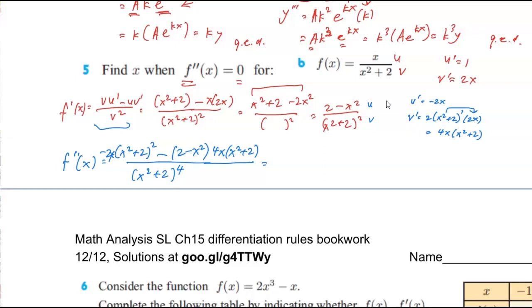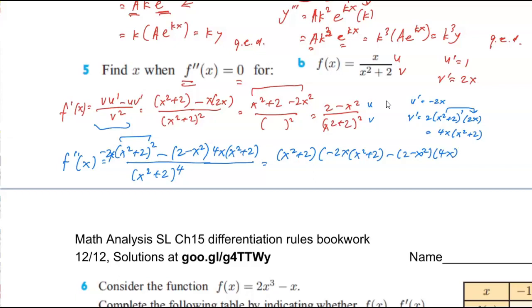I don't know if it's even worth factoring something out, but I can. I can factor this out, not the squared. I would leave minus 2x and x squared plus 2 to the first, and then minus 2 minus x squared times 4x.